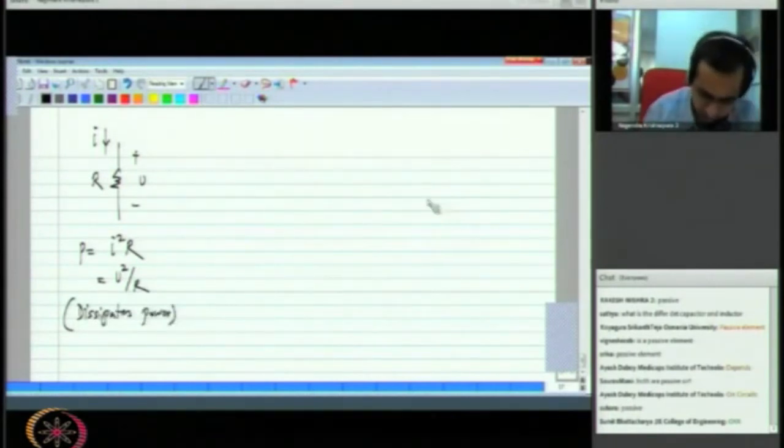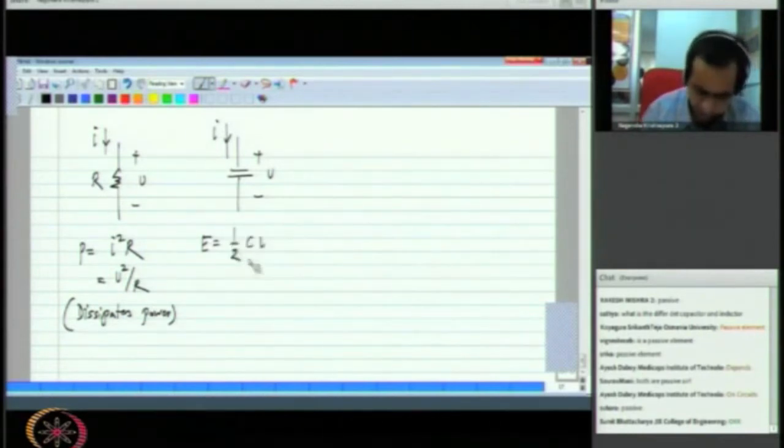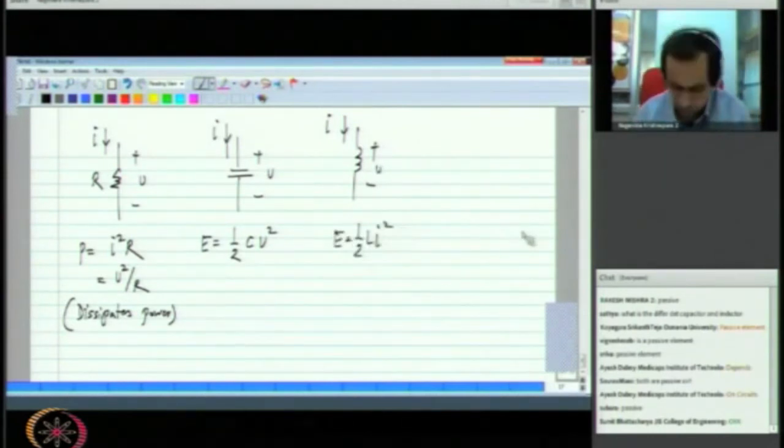In a capacitor and inductor, the energy is half C V square in a capacitor and half L I squared in an inductor, where I is the current at that instant.